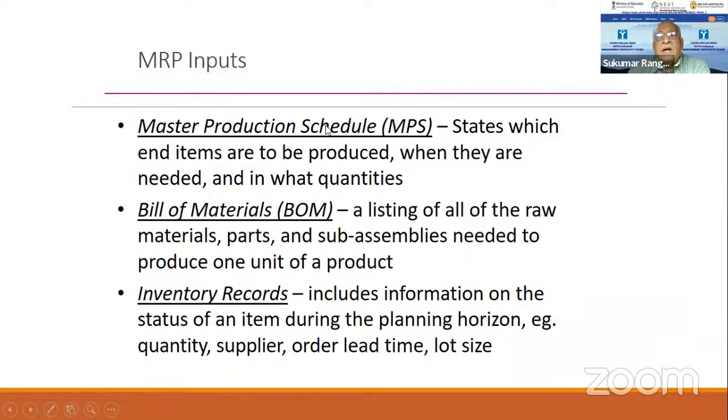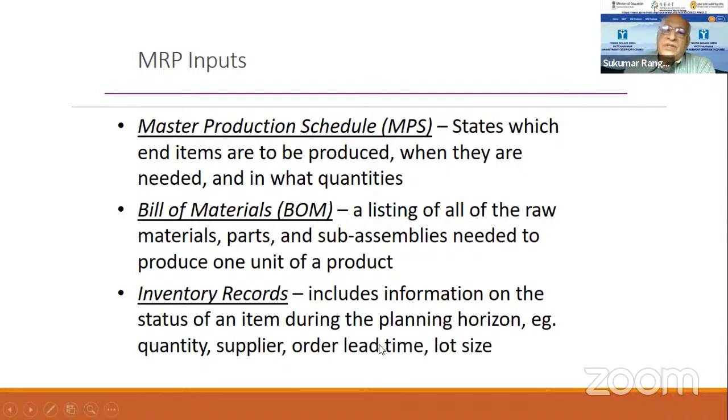The inputs are the master production schedule, which states which end items are to be produced, when they are needed, and in what quantities. Bill of materials is the list of all the raw materials, parts, and sub-assemblies needed to produce one unit of the product. As I said, I gave you the example of the pen.